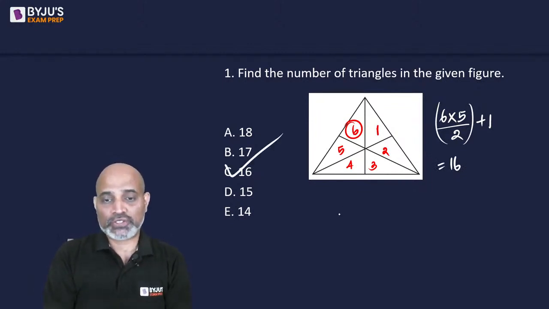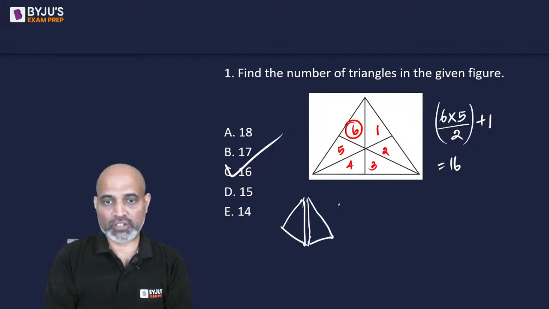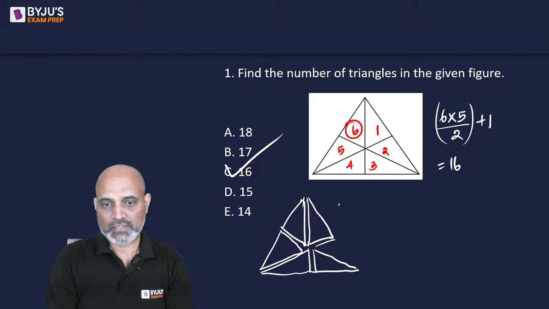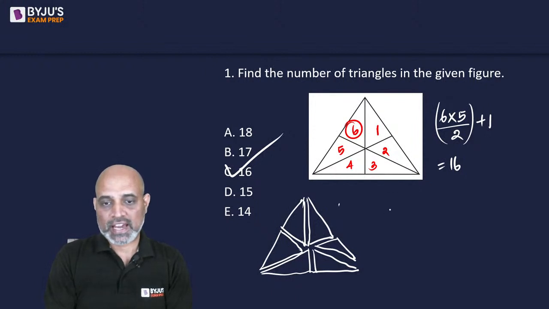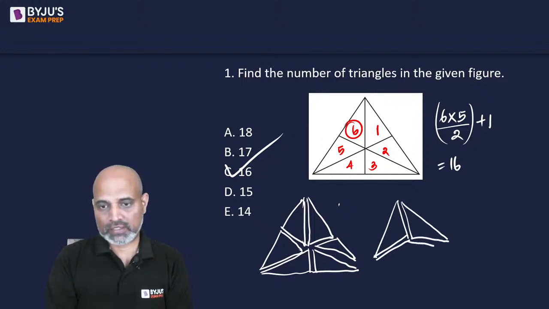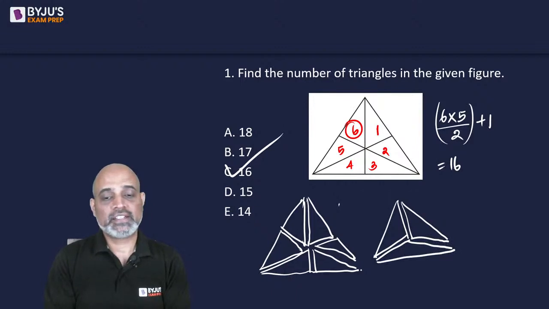Okay. So those triangles are going to be, I will show you in case you have a doubt. So you have one triangle here. I'm dealing with the small triangles. So how many small triangles do you see here? 6, right? So we have a total of 6 small triangles. Then we have a triangle that can be divided into these 3 triangles, right? So we have 6 triangles here, we have 3 triangles here.